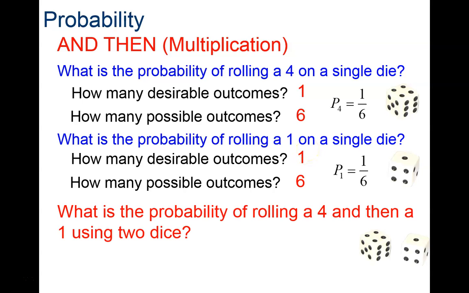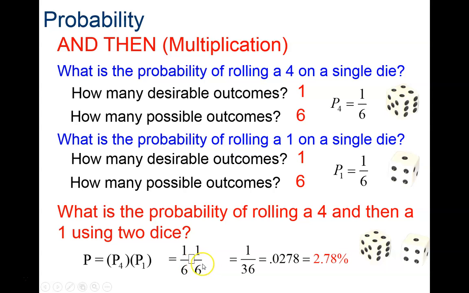So what's the probability of rolling a 4 and then a 1 using 2 dice? Well, we just learned that if we want to calculate the probability of "and," that means multiply the probabilities of the 2. So it's 1/6 times 1/6, which is 2.78%.